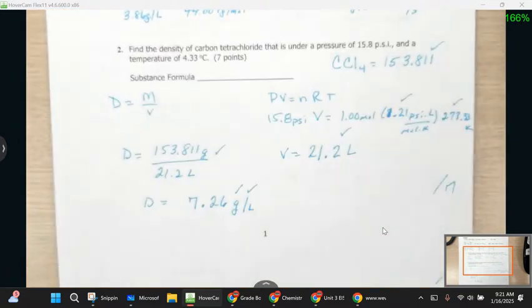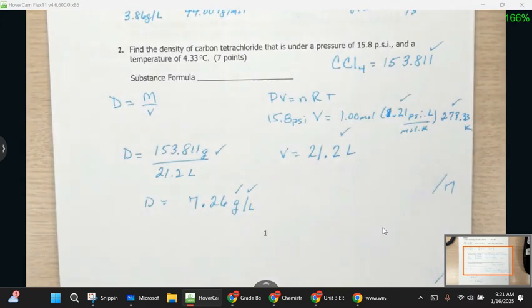So first thing, ladies and gentlemen, you need to figure out what carbon tetrachloride is, CCl4. We need the formula mass because if we are going to find the density of any gas, we need to find the formula mass and use it for the mass, and then we need to find the volume under its conditions. So density is mass divided by volume. Formula mass 153.881. PV equals nRT.